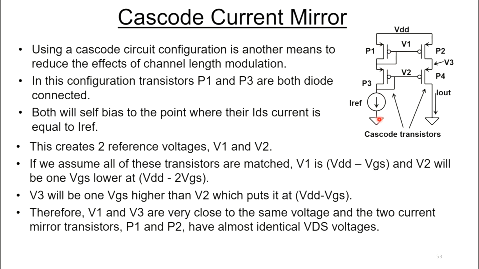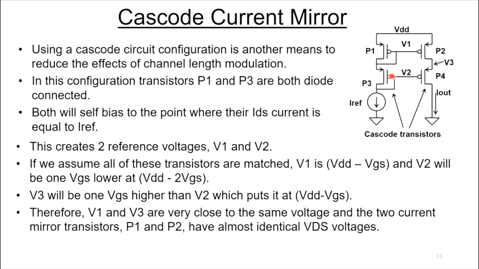So when we run Iref through here, we're going to create two reference voltages, V1 and V2. And you can see V1 is going to be 1 VGS down from VDD, V2 is going to be 2 VGSs down from VDD. But over here, we have another VGS, so V3 is going to go up 1 VGS.